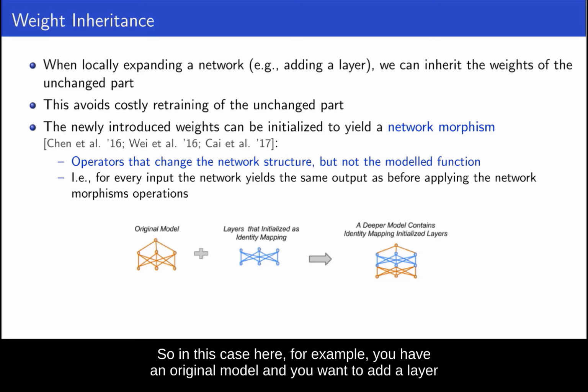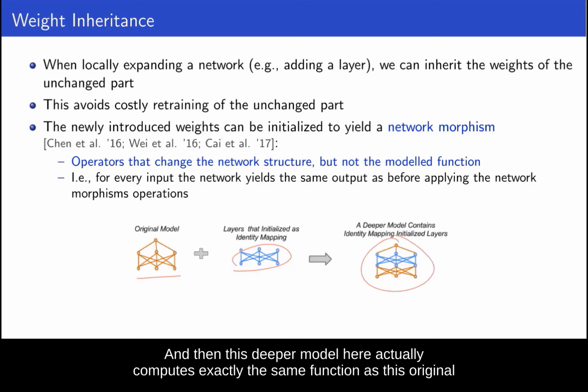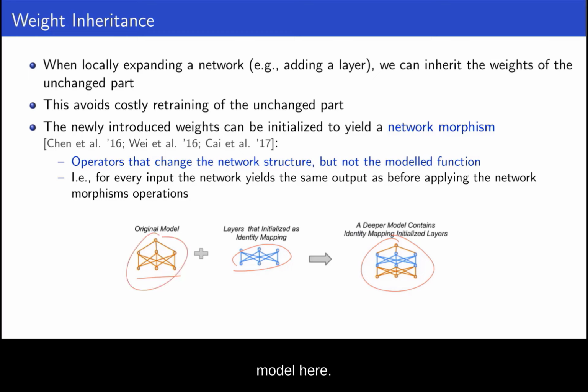So in this case, you have an original model and you want to add a layer to this, then in this particular case, you just initialize this as an identity mapping, and then this deeper model actually computes exactly the same function as this original model.